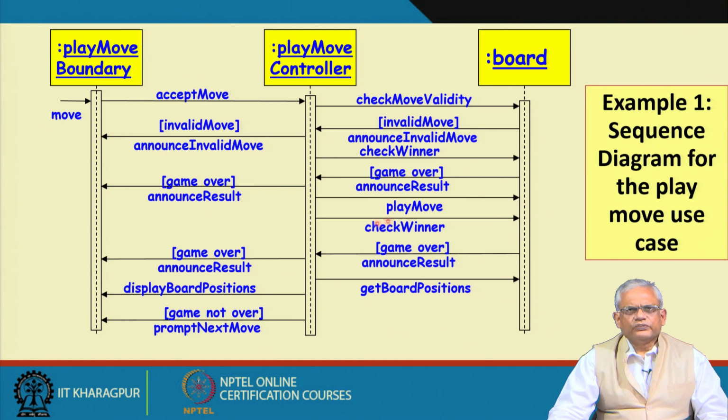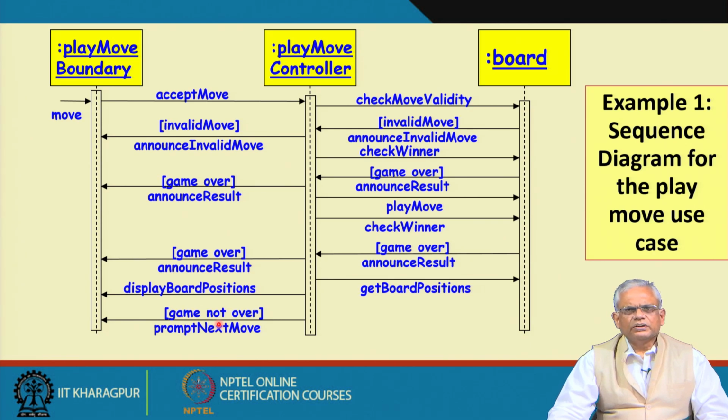And then after play move, the controller, which has all the business logic about what needs to be done, after which step, and so on, is encoded in the play move controller. The next thing it asks the board is to check for the winner. And if there is a winner or the game is drawn, it is announced, and the board positions are retrieved and displayed, and then it prompts for the next move.